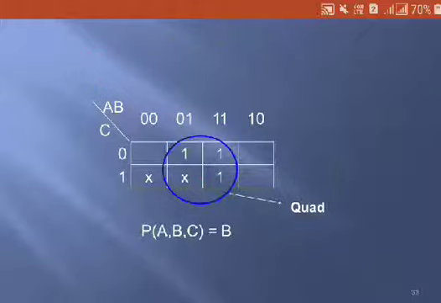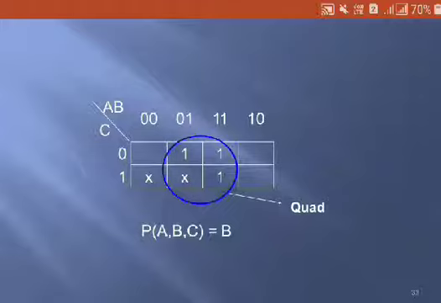Now if you consider X equal to 1, you can form a group of 4 cells as a square, so that you will get the output expression as only B. C bar and C get eliminated, A bar and A get eliminated, and the only leftover term is B. For realizing this B, how many gates do you require? The number of logic gates required for realizing B is 0.